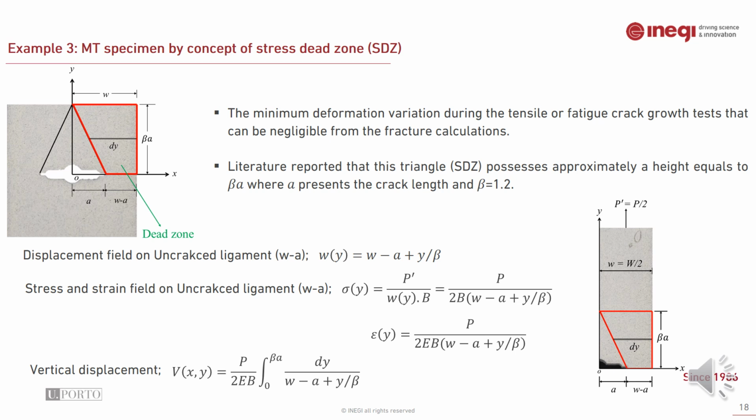Through some mathematical modification, it is possible to obtain the stress intensity factor. It is based on the compliance function, and the most important part of this stress dead zone is beta, which was defined as 1.2 by the literature, so we also consider this.